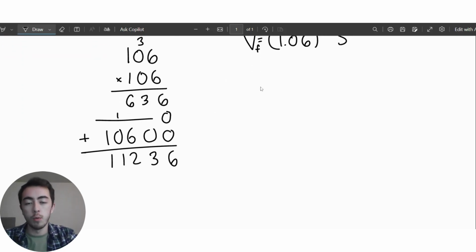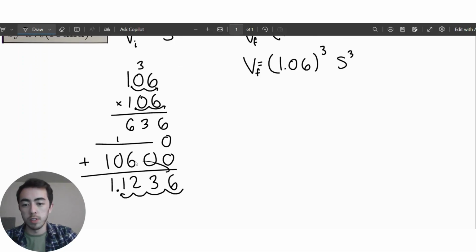And I know that 1 times 1 is about 1, so 1.06 times itself is still going to be really, really close to 1. I could also show that the decimal point should go here because I originally moved it right 4 whole spots. And so to compensate in the end, I'm moving it left 1, 2, 3, 4 spots. So I'm convinced that 1.06 times itself gives me this number.